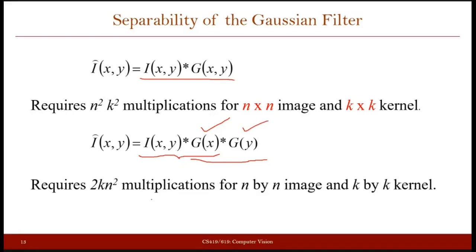As I just said for the box filter, in this case also it is going to consume 2k n square operations, which is less than the n square k square operations you need to perform if you are using the 2D filters.